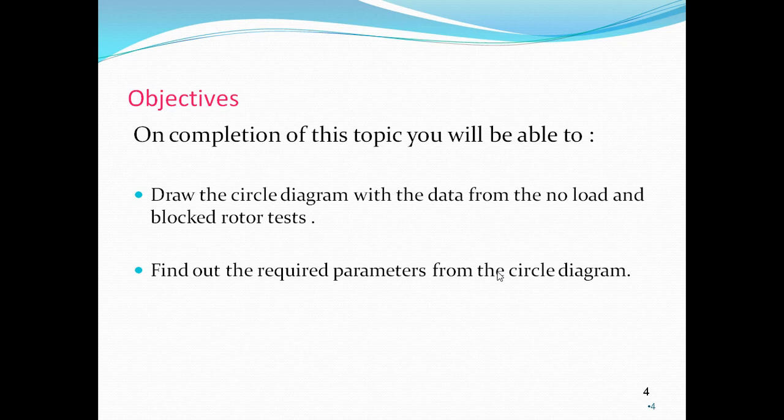From this reading we can calculate the no load resistance R naught and reactance X naught, which are used to calculate the equivalent circuit of an induction motor. The ammeter I naught gives the no load current, which is a combination of core loss component and magnetizing component.